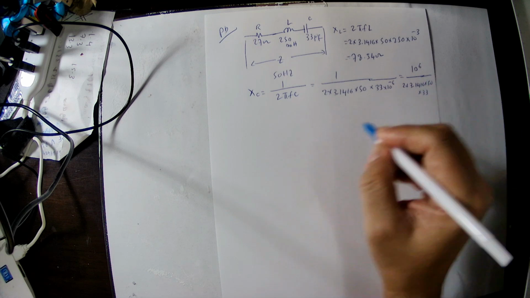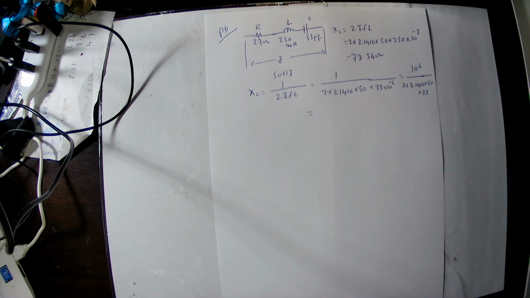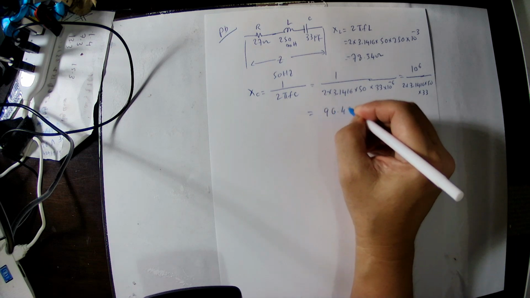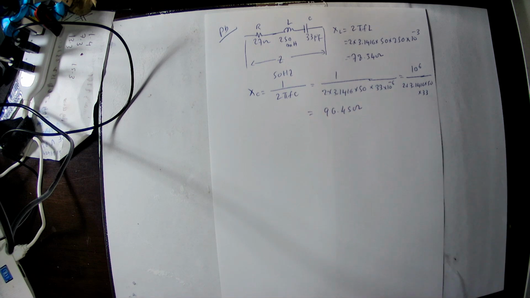So we calculate: 10 to the power 6 divided by 314 divided by 33. So we got 96.45. This is the capacitive reactance we got.